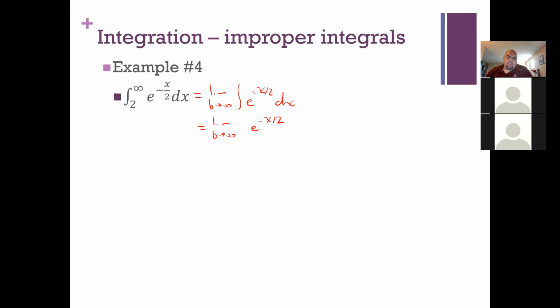Because this is not simply e to the x, I'm essentially undoing the chain rule. Yeah. So basically this is going to be e to the -x over 2 divided by the derivative of this inner function here. Okay, I see that.